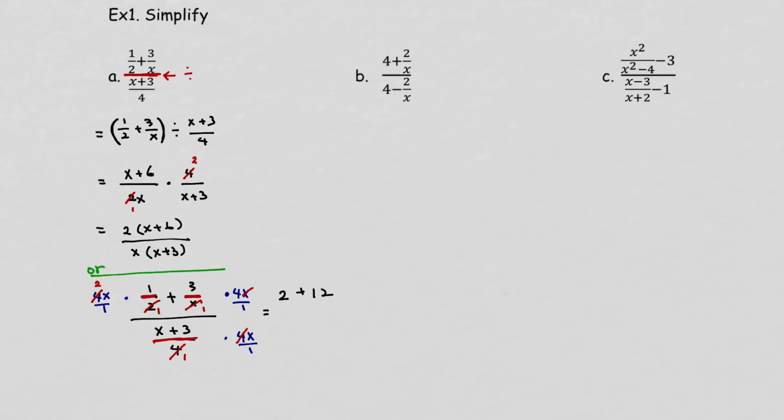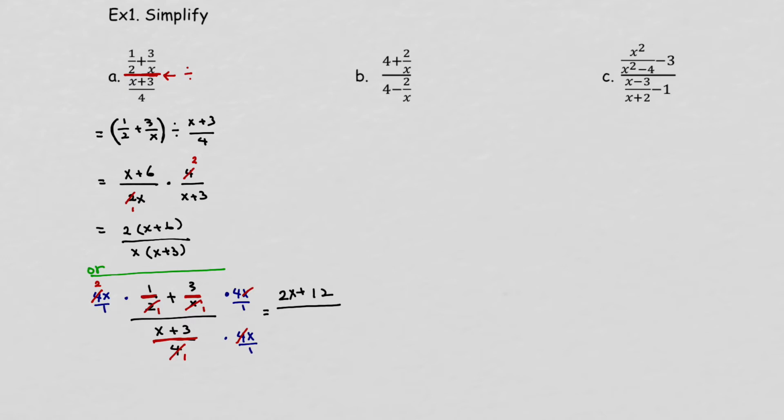And don't forget to write this x right here. This x, right? So it will be not just 2, but it will be 2x. So this fraction becomes 2x plus 12.